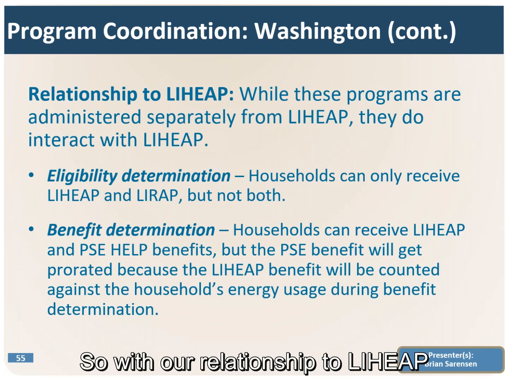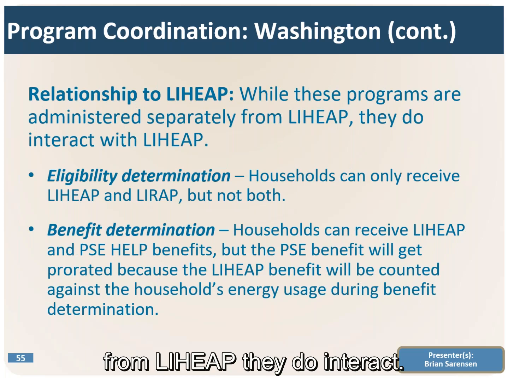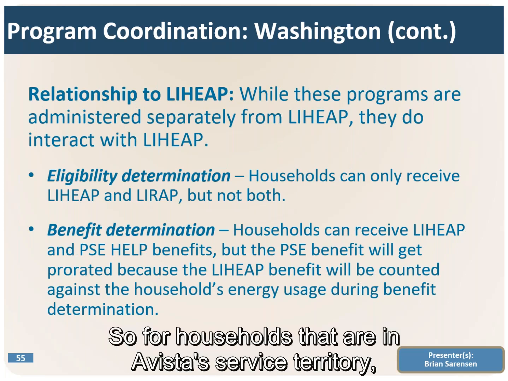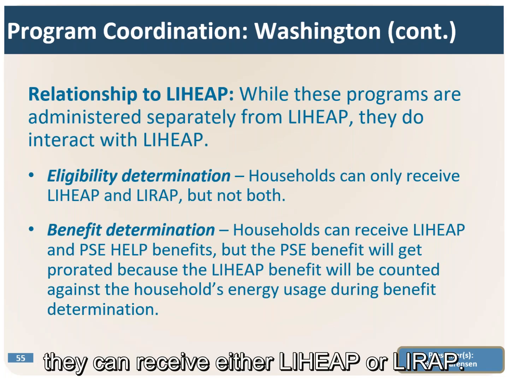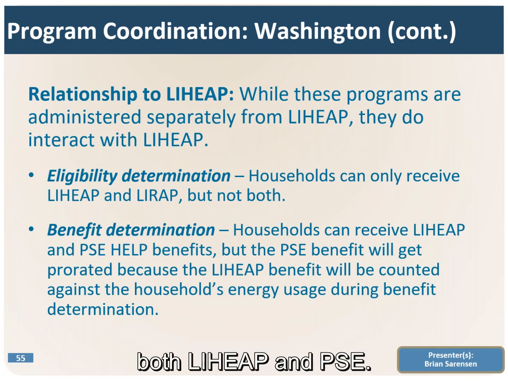So with our relationship to LIHEAP, while these programs are administered separately from LIHEAP, they do interact. So for households that are in an Avista service territory, they can receive either LIHEAP or LIHRAP. And if they're a PSE customer, they can receive both LIHEAP and PSE.